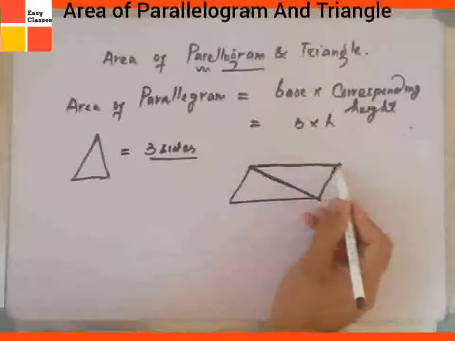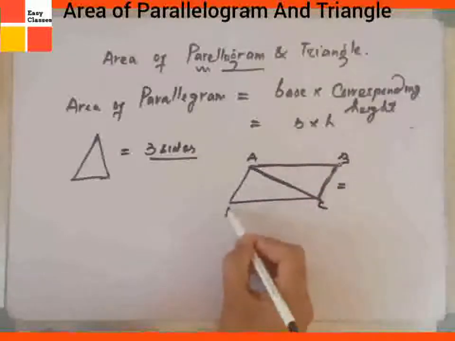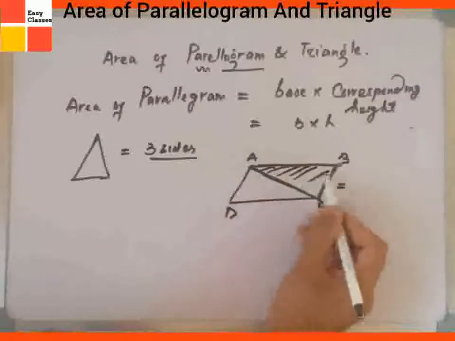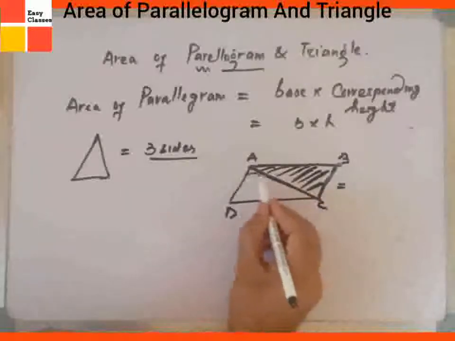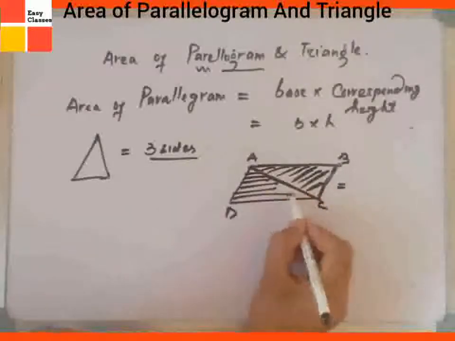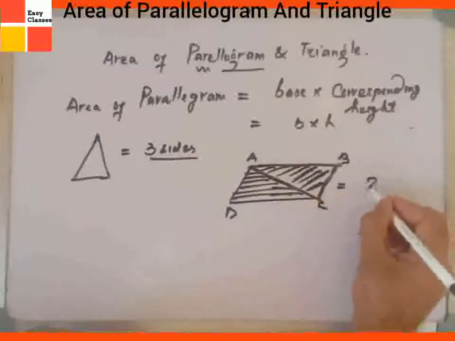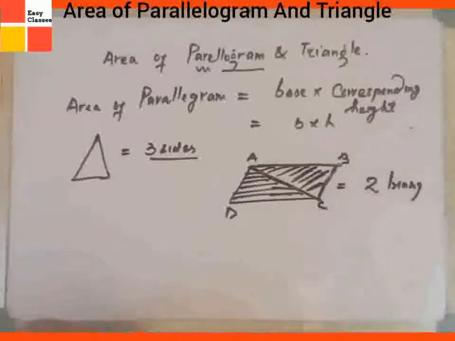This is one triangle, say for example A, B, C, this one, A, B, C is one triangle, and this one, ADC, is another triangle. So this is a parallelogram, and now it is divided into two triangles, right?